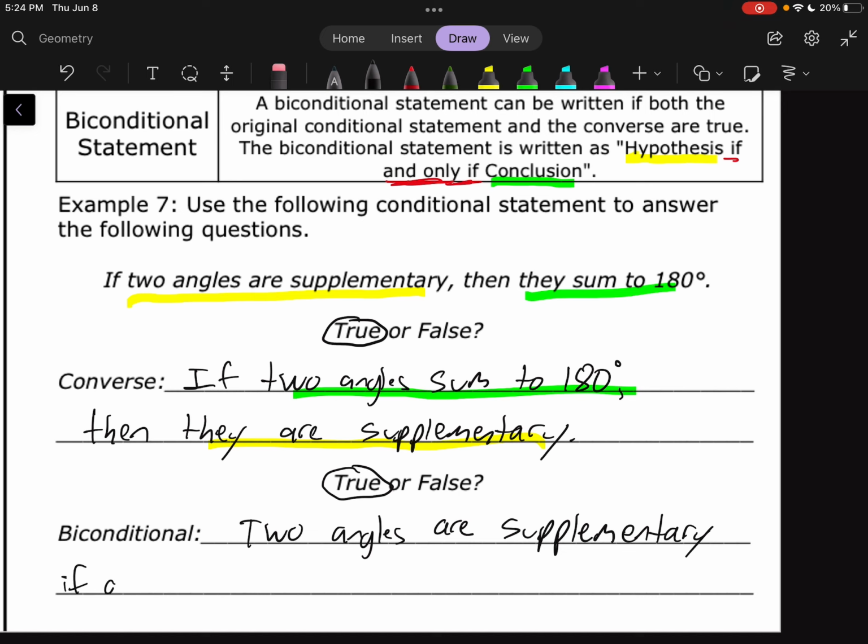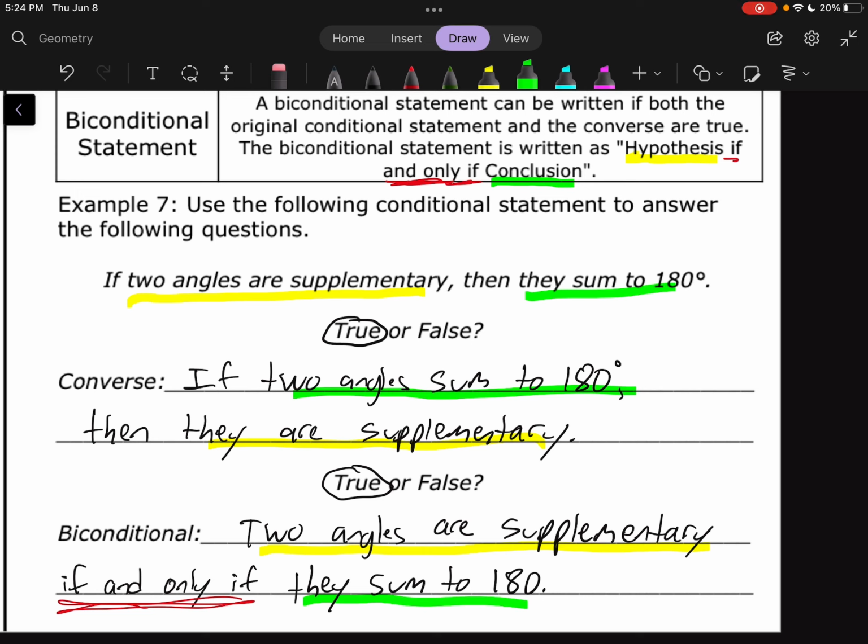And then I'm going to throw in that magic phrase, if and only if. Then I'm going to put my conclusion. They sum to 180. So altogether, two angles are supplementary if and only if they sum to 180 degrees.